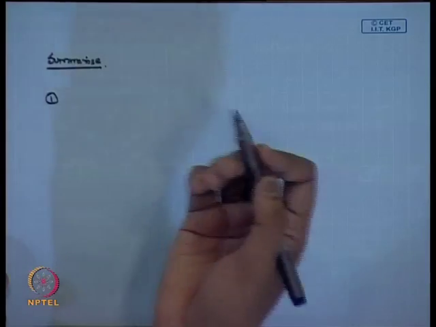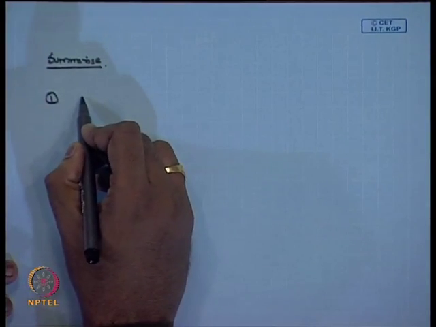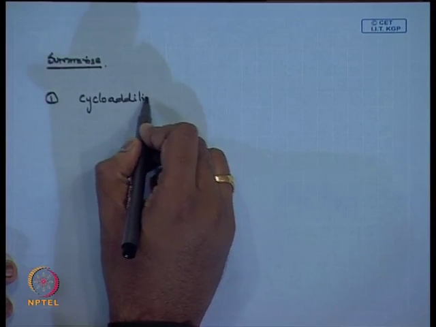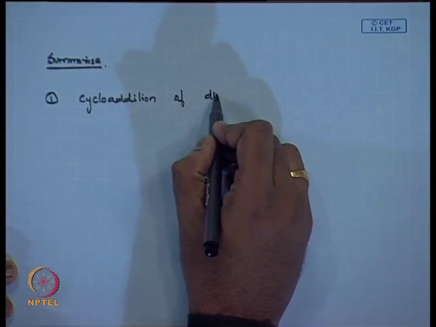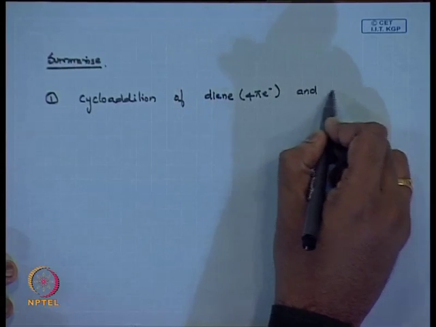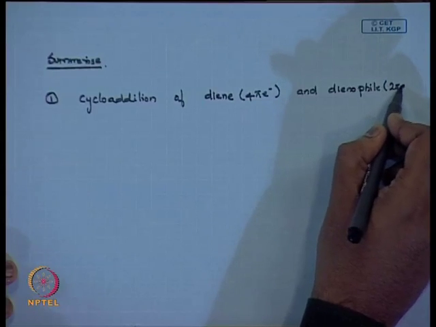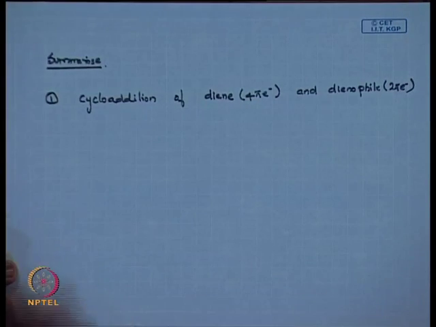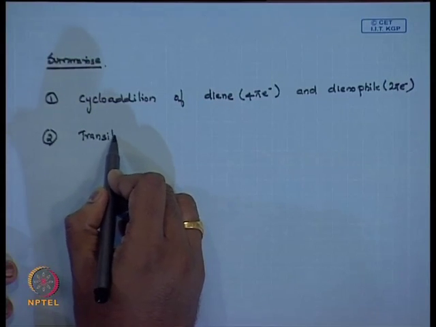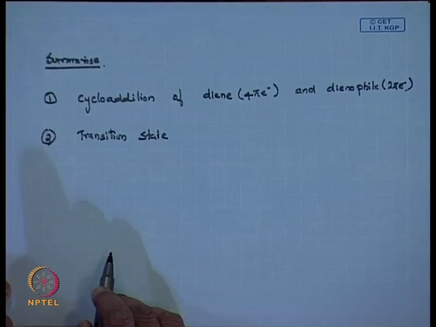First, we studied that it undergoes cycloaddition of a diene, which is your 4 pi electron system, and a dienophile, which is your 2 pi electron system. That is what we studied. It is a cycloaddition, and it goes through a transition state. Fine, this is what we studied.